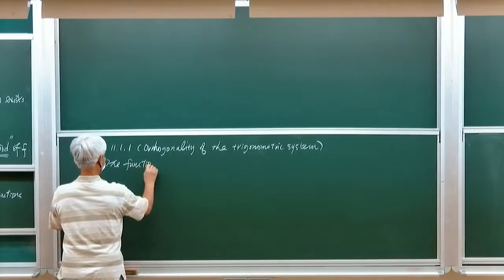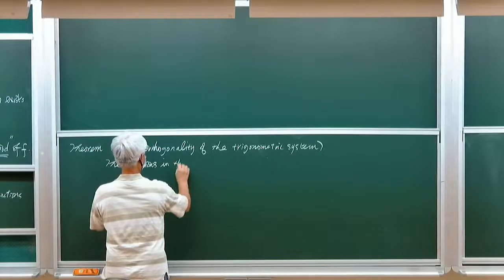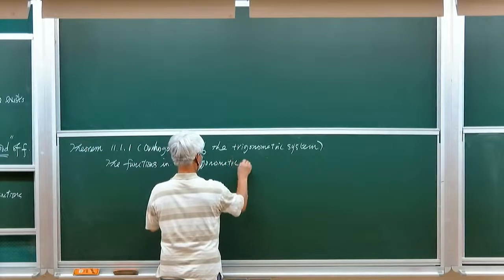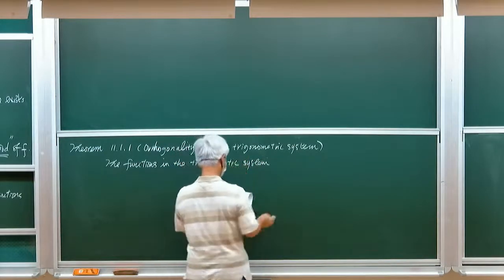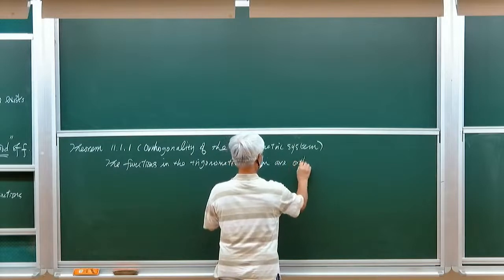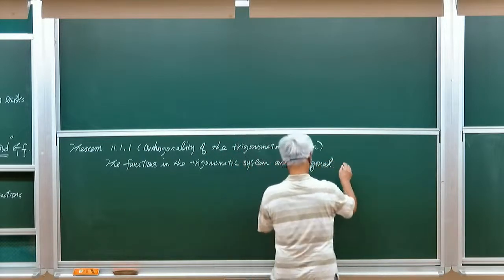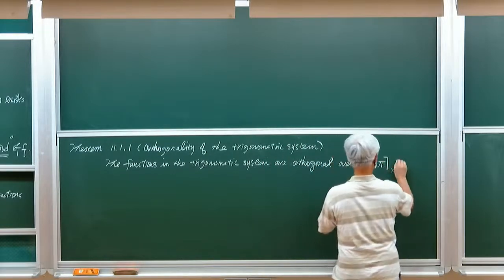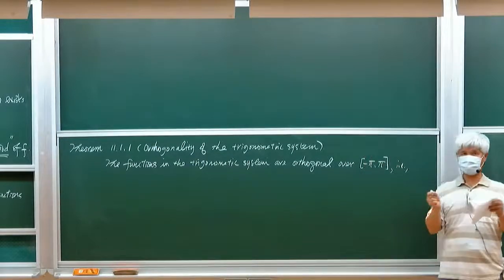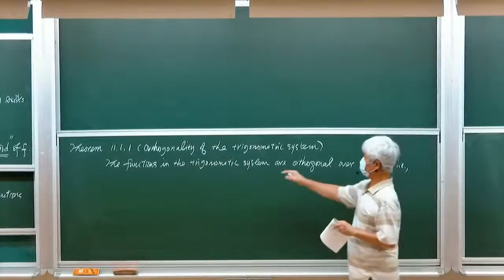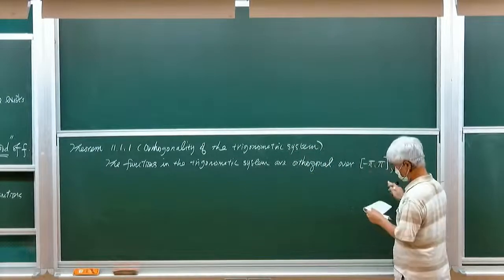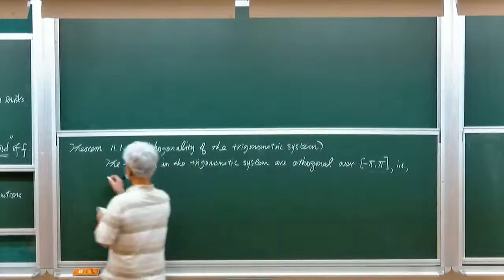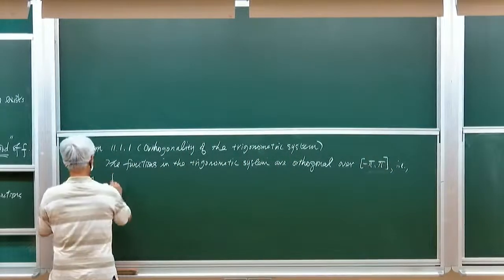The functions in the trigonometric system are orthogonal over this closed interval. So this closed interval is composed of a period of these functions. Okay? Because the length of this period is 2 pi.